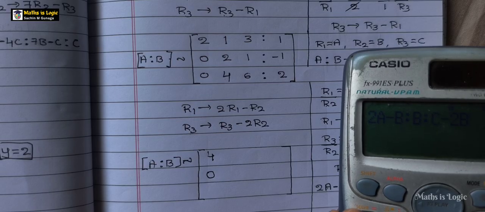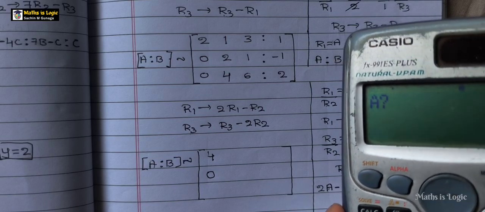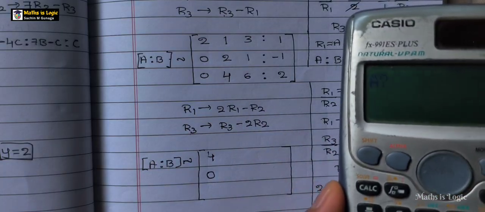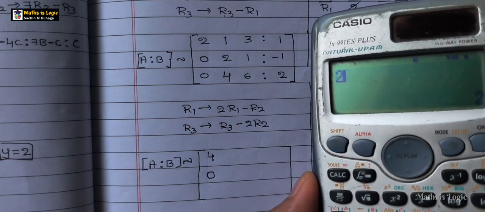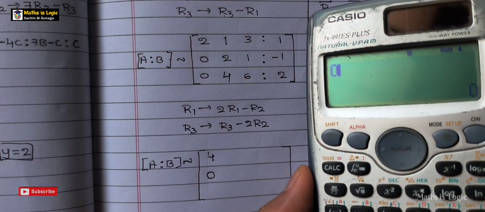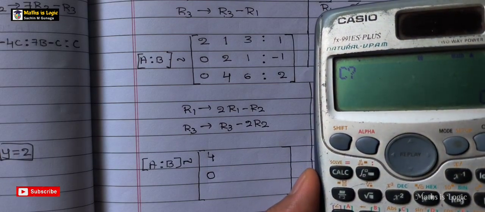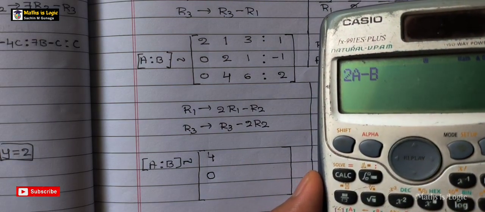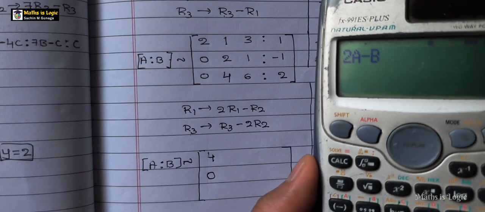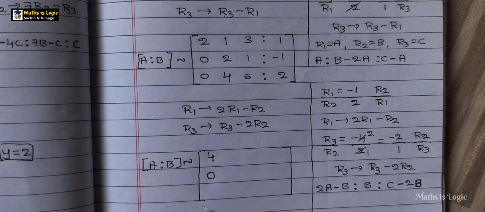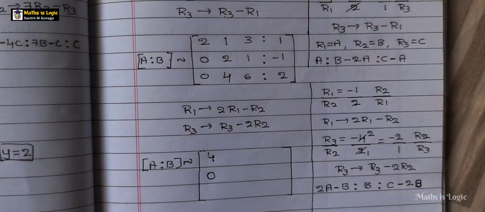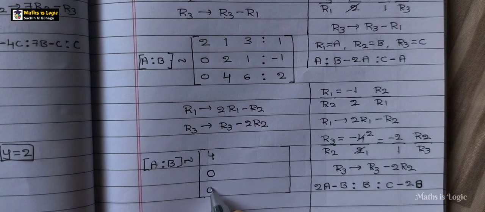Then press calculate. It will ask you the first column value, that is 2, 0, 0. First is 2, press equals, next is 0, press equals, and last is also 0. First value is 4. Next is 0, again 0.